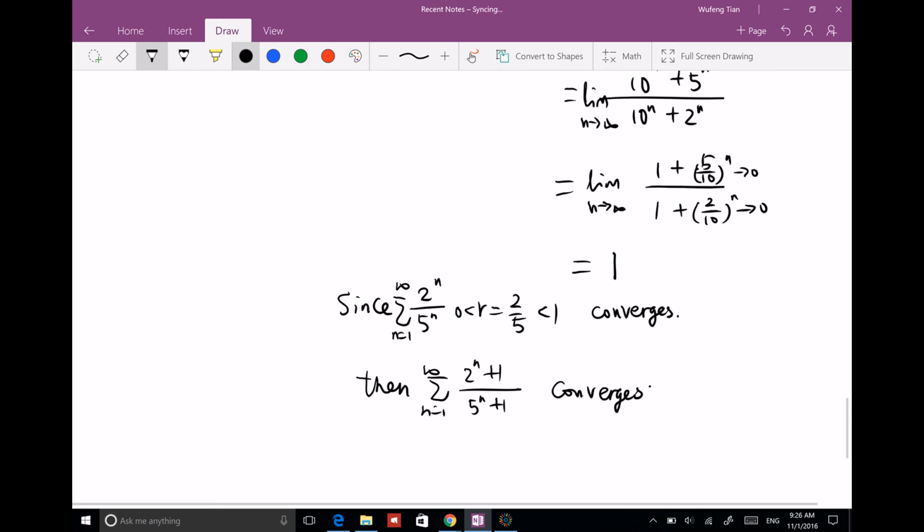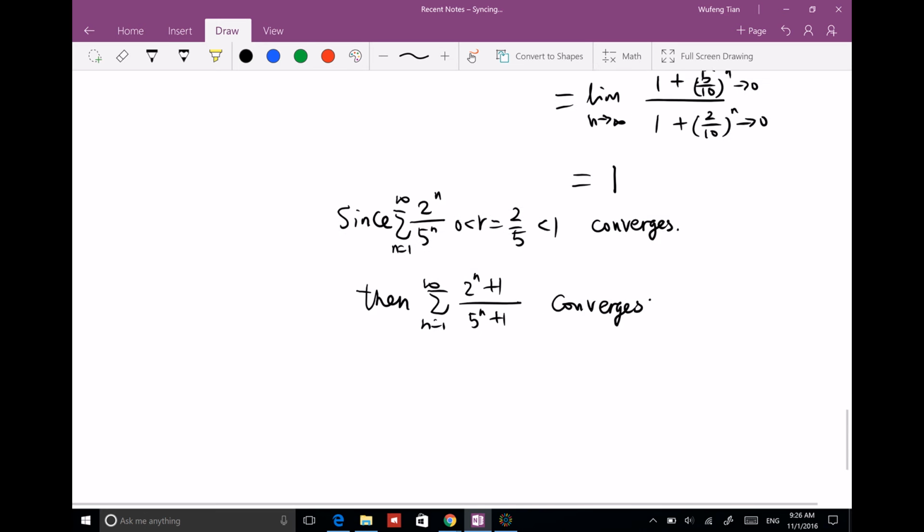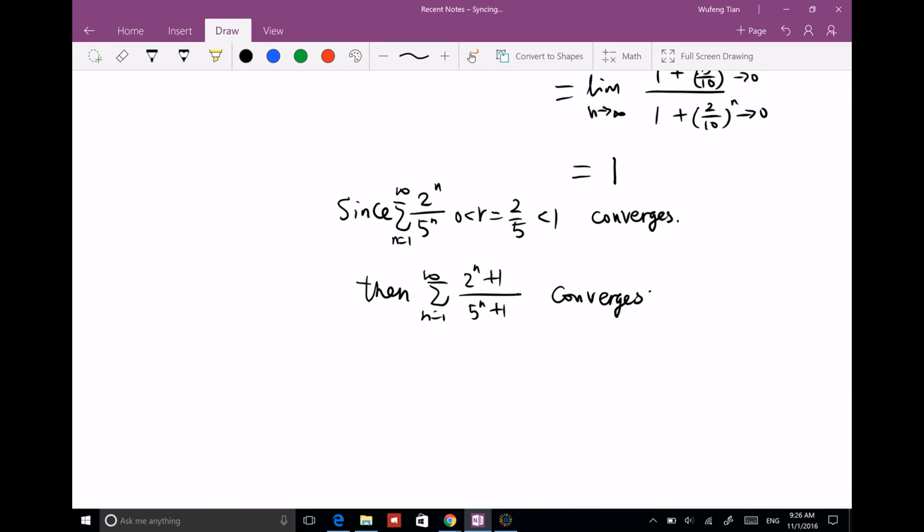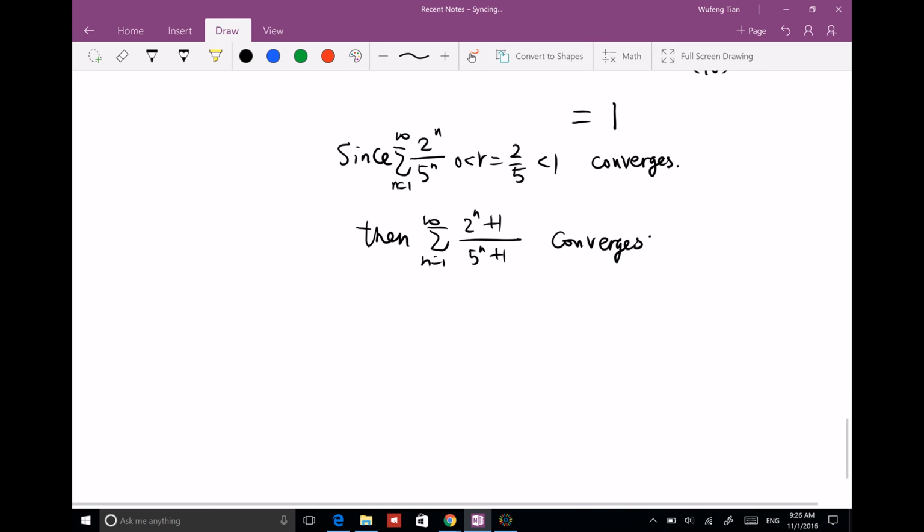Alright, so this is pretty simple, right? I think after 2 more examples we can move on. Example 5: the sum from n equals 1 to infinity of 2n squared minus 1 over 3n to the power 5 plus 2n minus 1. Now you look at this kind of series, you don't have to find out which one is smaller or bigger.